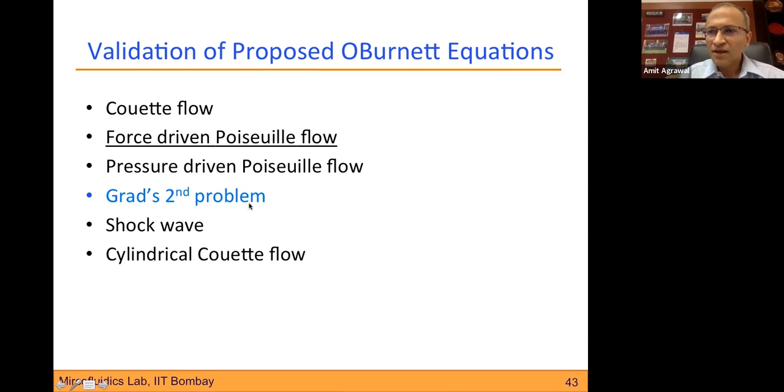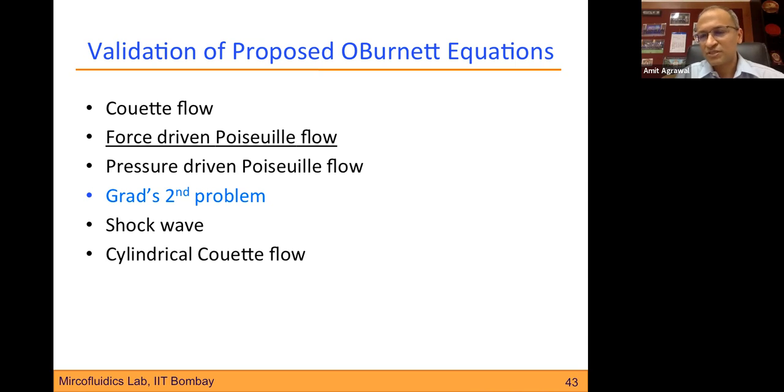Let me also point out that because these higher order equations are complex, having benchmark problems is also very difficult. We have made some contribution by defining a new set of problems, which we call the Grad second problem, which also forms a benchmark problem for these higher order equations.